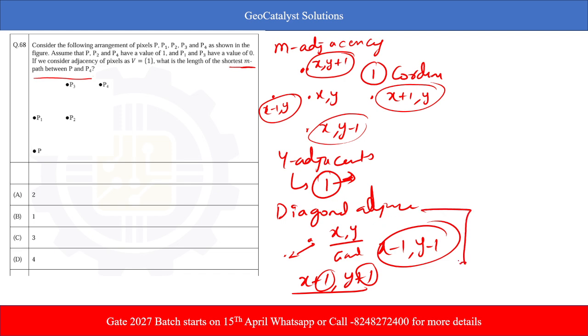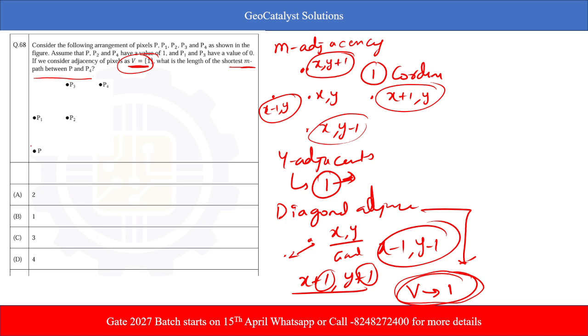One condition for m-adjacency is that V equal to 1 should be considered, and this will be at distance equal to 1. Now when I solve the question, you will understand.